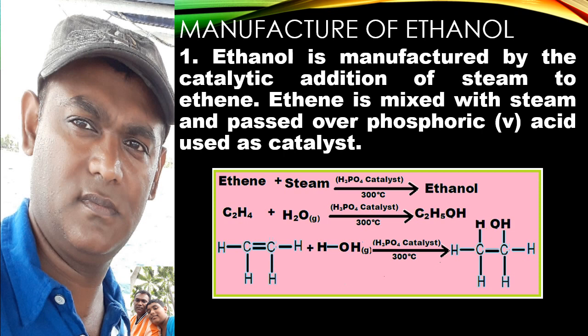The first carbon is attached to the hydrogen atom from the steam, and the second carbon is attached to the OH group from the steam. Thus, when ethene reacts with steam in the presence of phosphoric(V) acid used as catalyst at a temperature of 300 degrees Celsius, ethanol is produced.